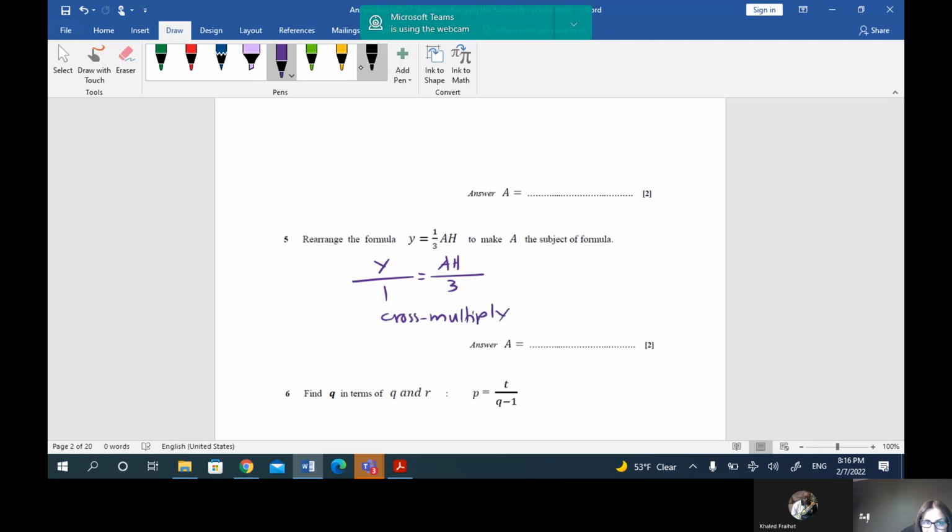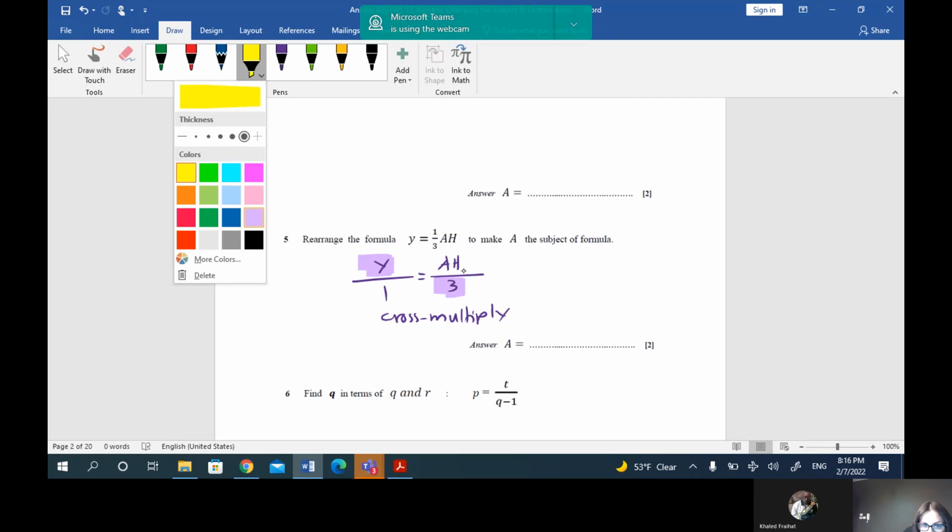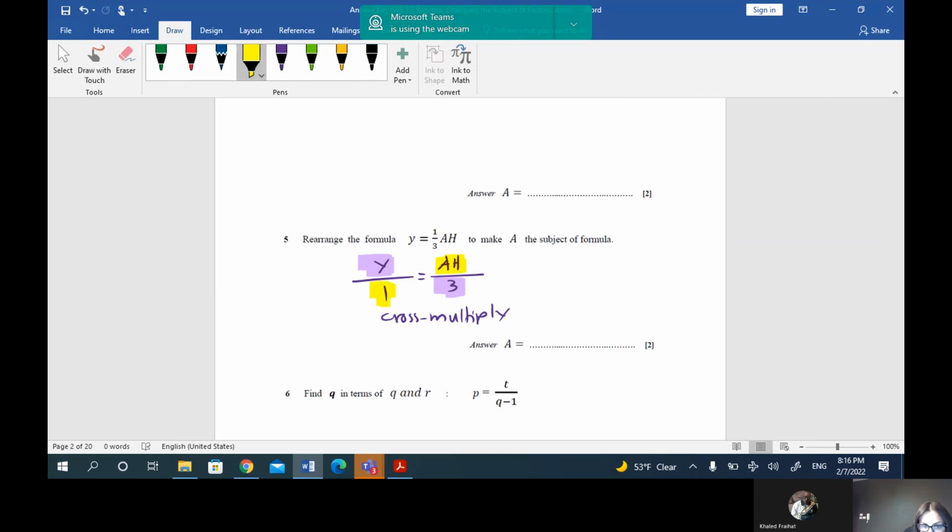Cross multiply: the numerator on the left multiplied by the denominator on the right, and the numerator on the right multiplied by the denominator on the left. Accordingly, ah times 1 will be ah, equals 3 times y, 3y.